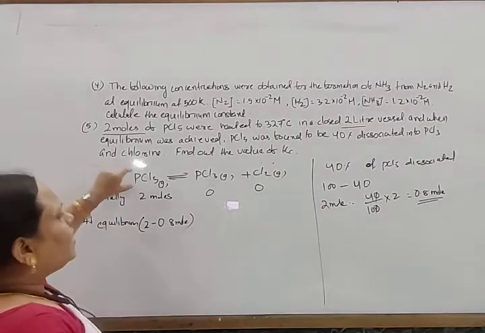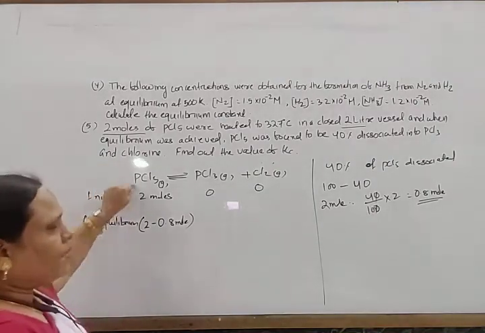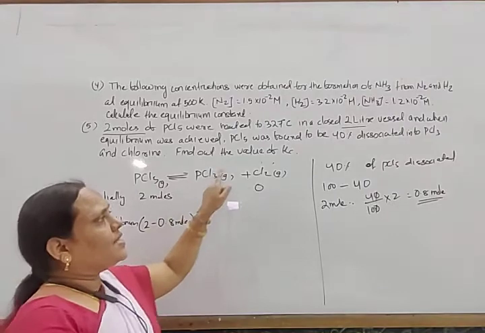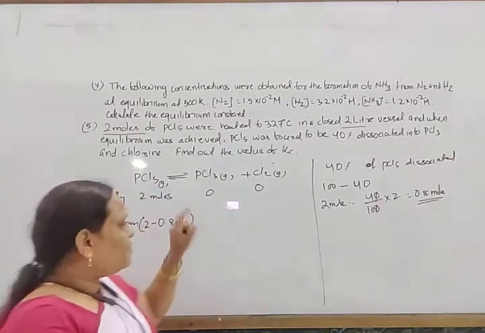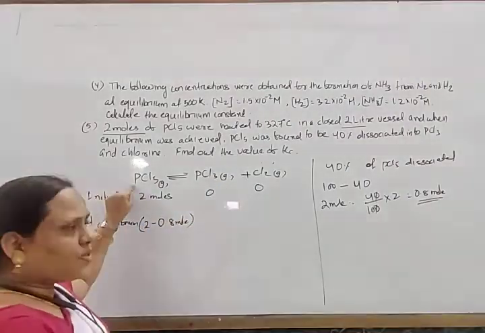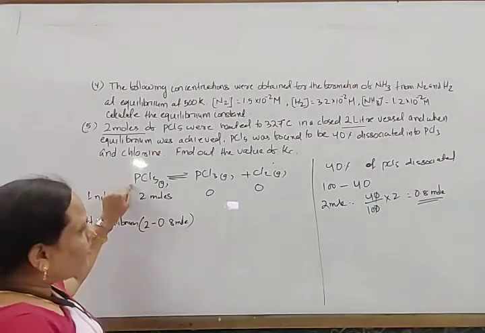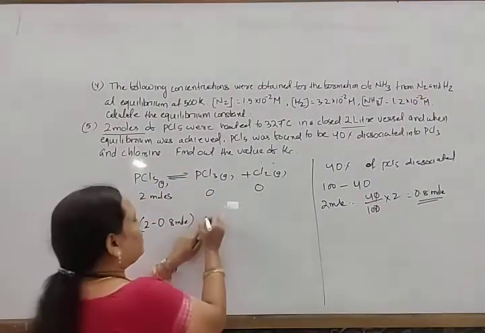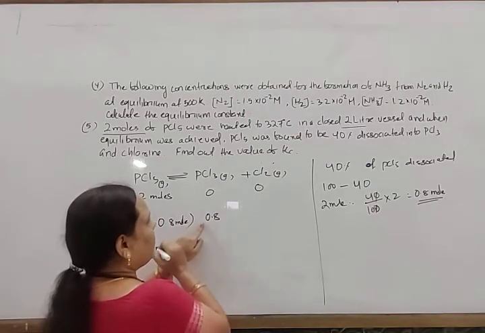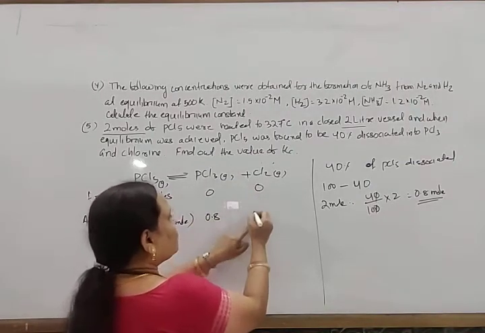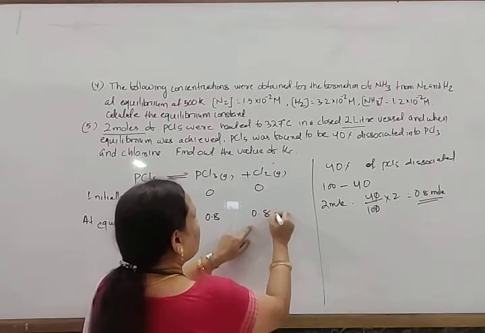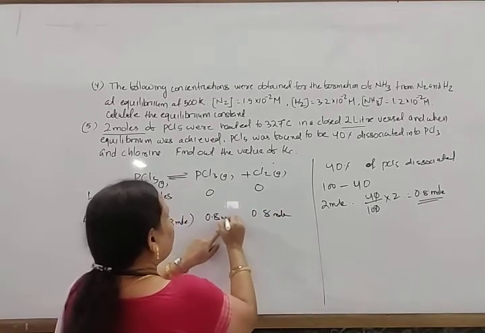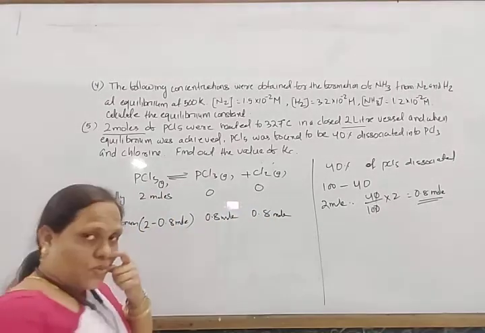Look here, if 1 mole of PCl5 gives 1 mole of PCl3 and 1 mole of chlorine, similarly when 0.8 mole dissociates, PCl3 forms 0.8 mole and chlorine also forms 0.8 mole. So this is 0.8 mole, this is 0.8 mole.